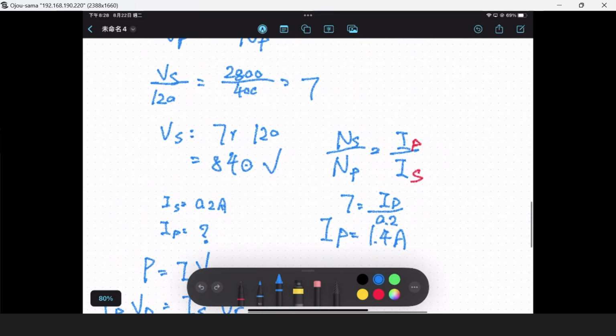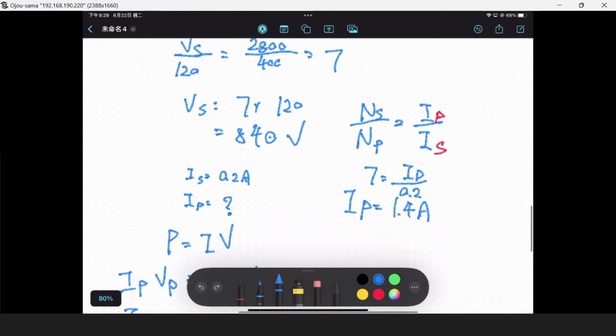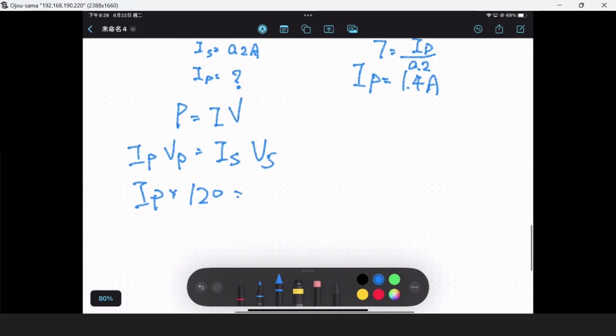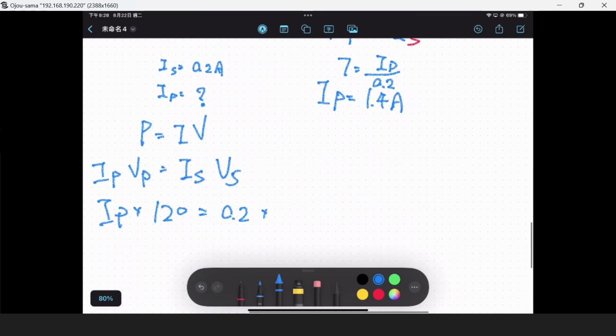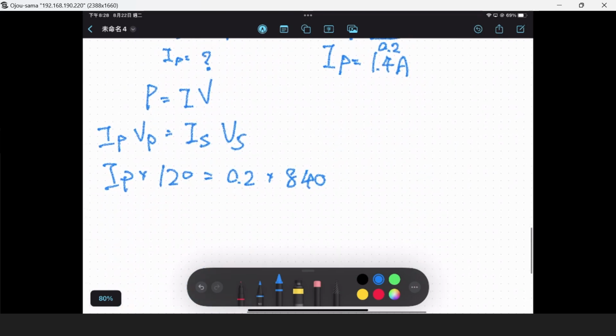What is the primary current? Primary voltage is 120, and Is, wait, what is Is? Is is 0.2, and Vs is 840. You can still do it this way. You see, I use both ways, and both ways will give you the same answer. This is how you can do it.